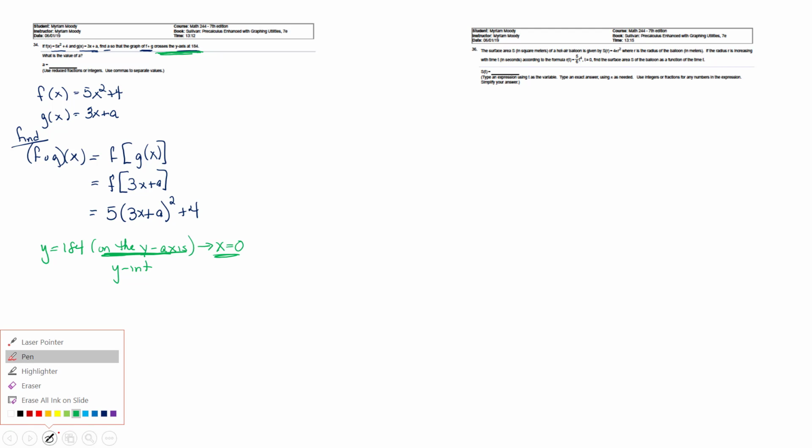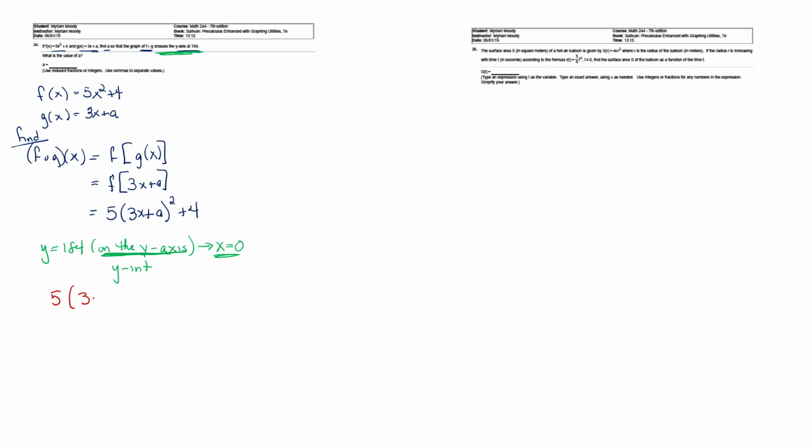Which means our wonderful little equation here is going to look like 5 times, in parentheses, 3 times 0 plus a, squared, plus 4 equaling 184. And by the way, since you're solving for a, it must be the only variable inside this equation.